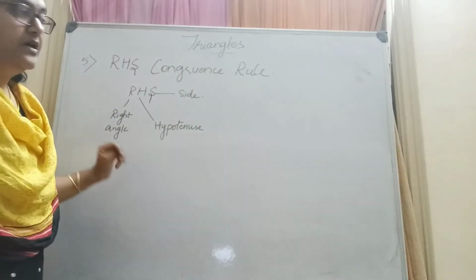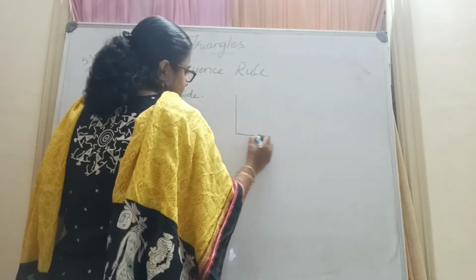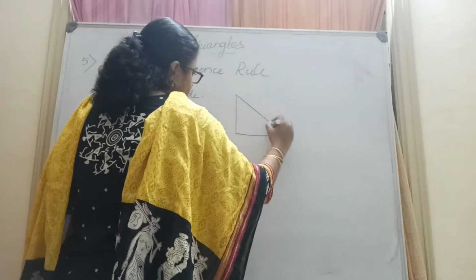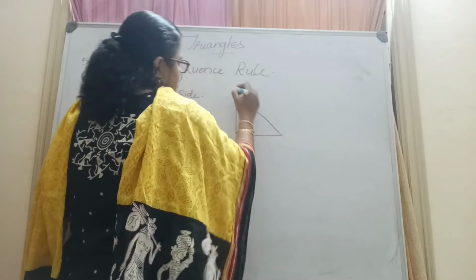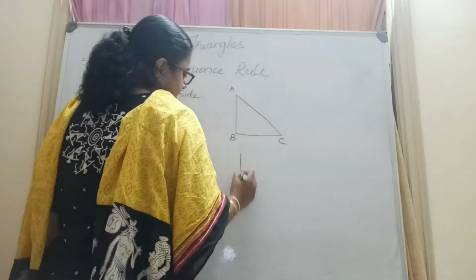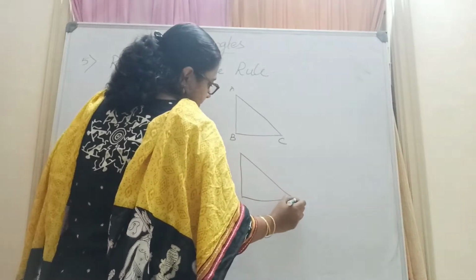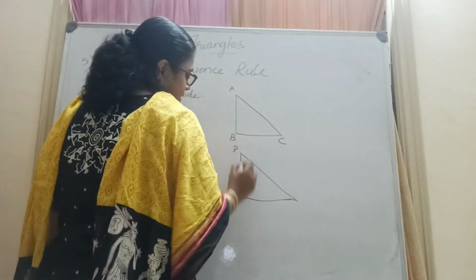So here we are going to take into consideration two right triangles, triangle ABC and triangle PQR.